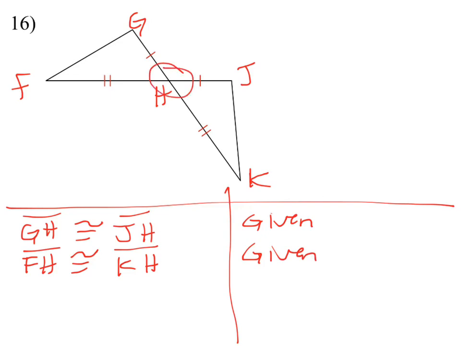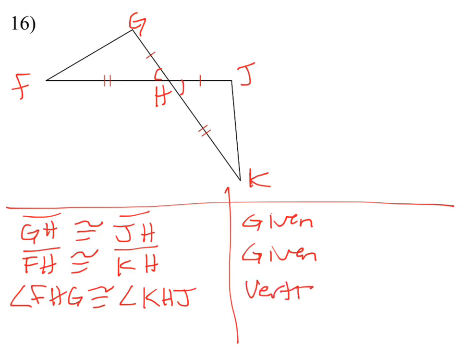And these two angles, we need those to be congruent, and luckily they are, because they are vertical angles. So when you have two lines that intersect, the opposite angles are congruent to each other. So angle FHG is congruent to angle KHJ, and that's because they're vertical angles.